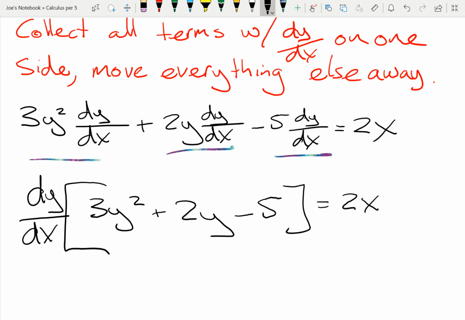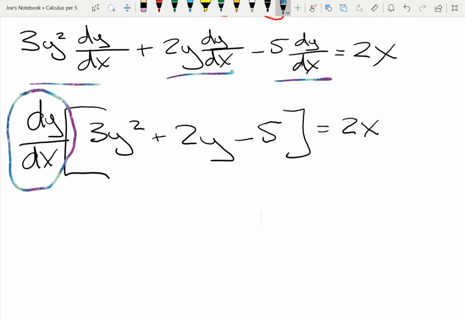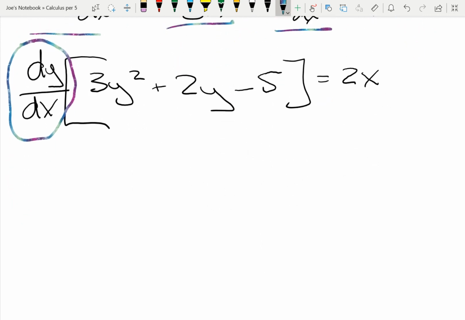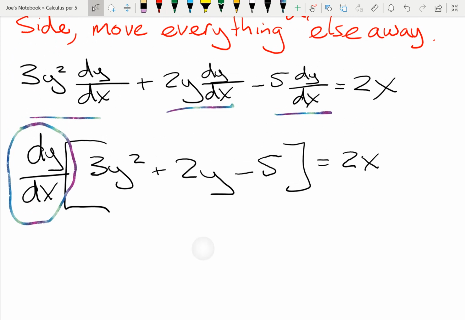So now I'm trying to isolate this. It's currently being multiplied by 3y squared plus 2y minus 5. So all I've got to do is divide, or multiply by the reciprocal. Whoops, I should have said factoring. That was factoring, but you see it.